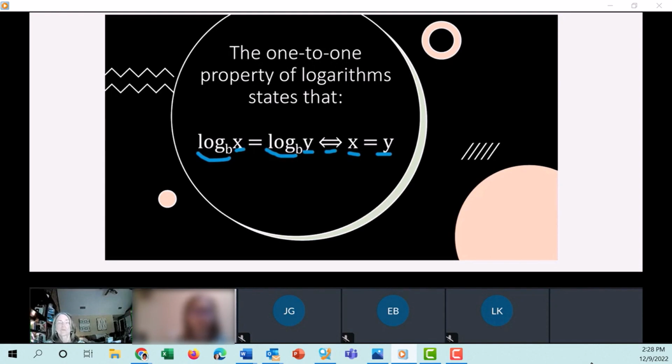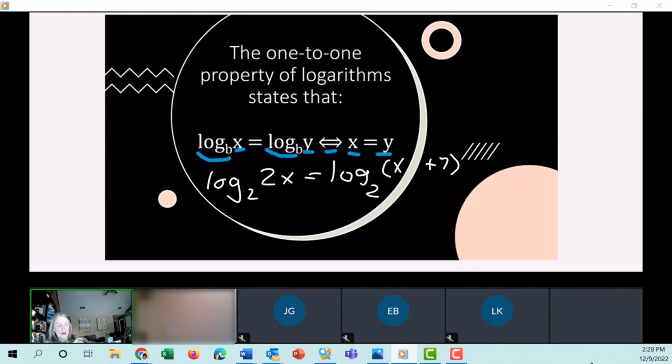Let's put the example log base 2 of x. So let's replace b with the number 2. And let's replace the x with an expression, 2x, and then equals log base, we have to have the same base for this to work, 2 of x plus 7.